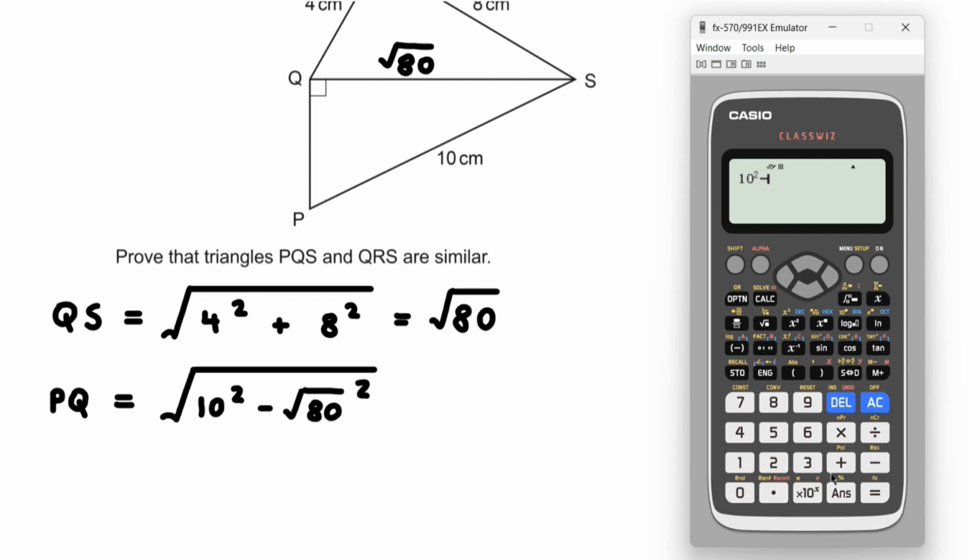So I've got 10 squared subtract root 80 squared, and then square root that, I get root 20.